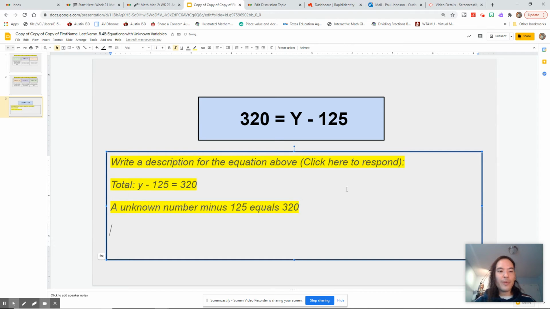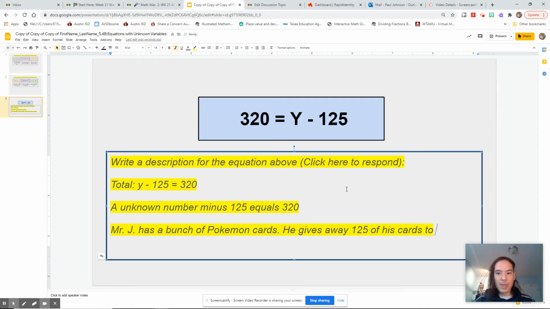Or if you want to make it more fun, let's say Mr. J has a bunch of Pokemon cards. He gives away 125 of his cards.